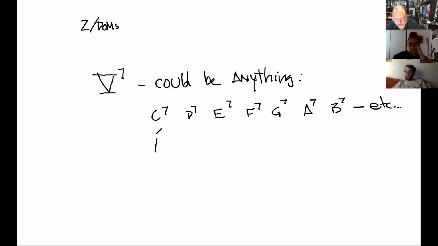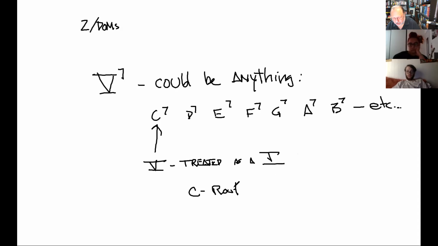So what you do is you take this chord, and that's a 5 chord, right? Now we treat it as a temporary 1 chord. So C is the root. So you count up to the 5th.